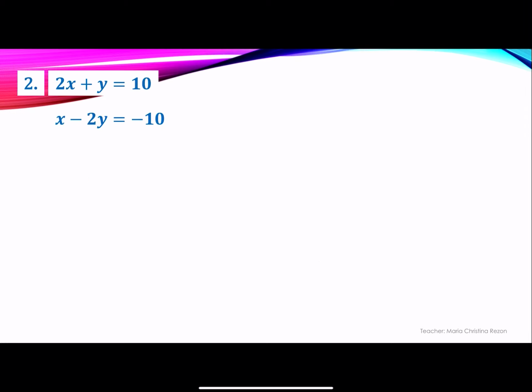You have 2x plus y is equal to 10, and then x minus 2y is equal to negative 10. This is our first equation. This is our second equation.